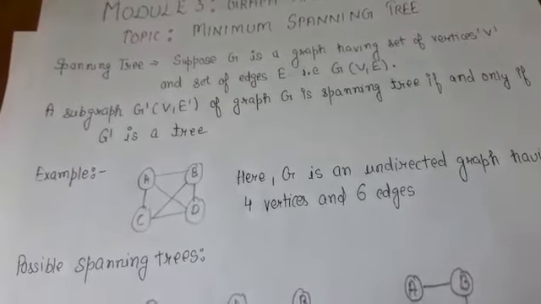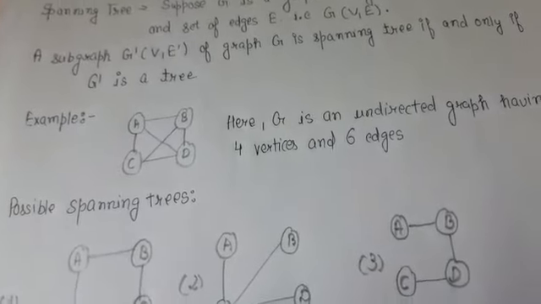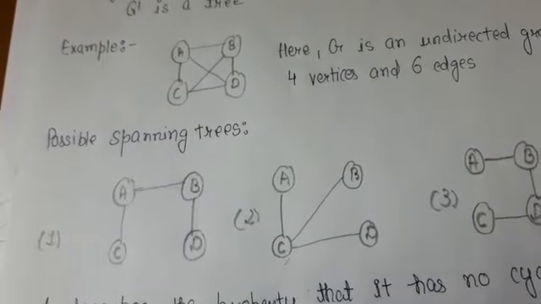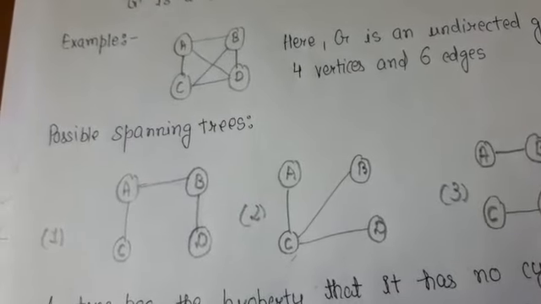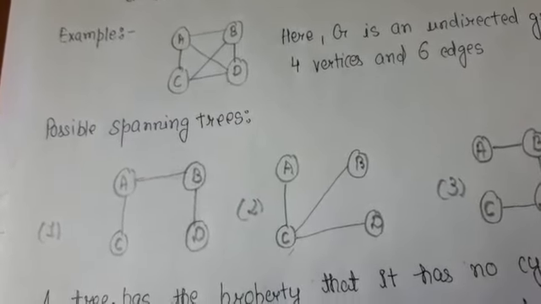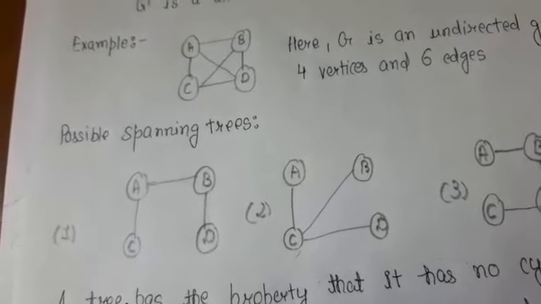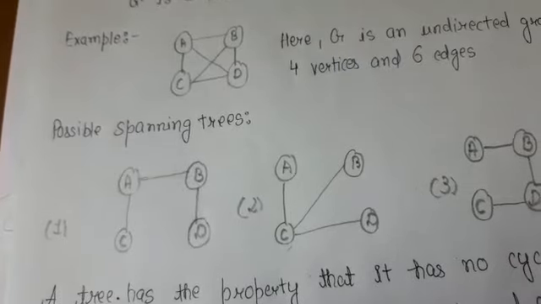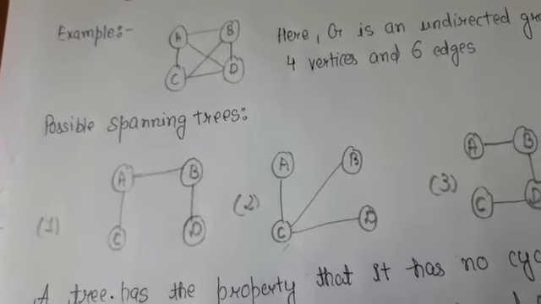I'll explain in more detail through this example. I have taken a graph with the vertices A, B, C, D and 6 edges. Now I'll show you the number of possible spanning trees that can be made out of it. I have drawn the first subgraph here with the vertices A, B, C, D but only 3 edges, that is AB, AC and BD.